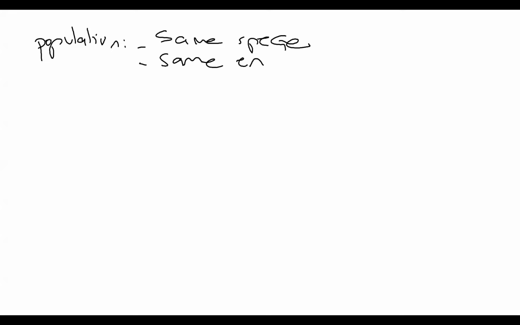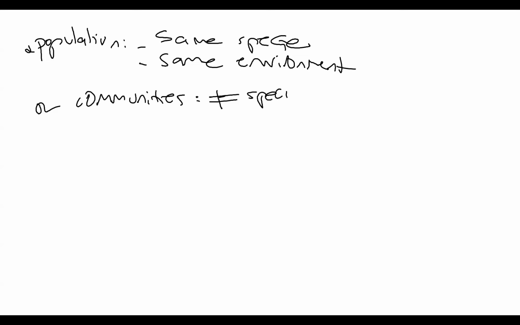Population: same species and same environment. Communities: different species, same environment.